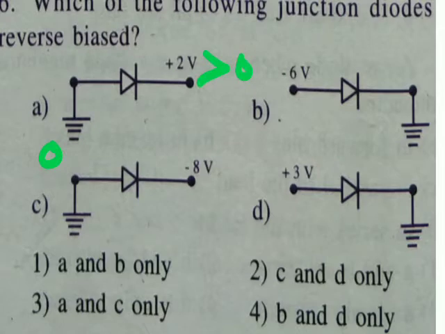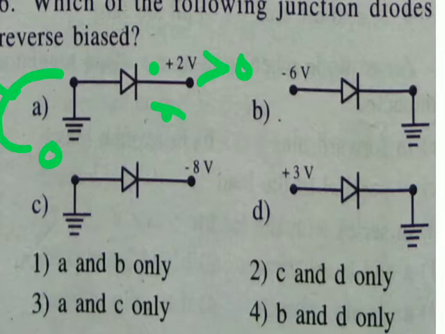See this, high potential is connecting to the diode positive side and low potential is connecting to the diode negative region, so it is reverse bias. Option 1 is right.